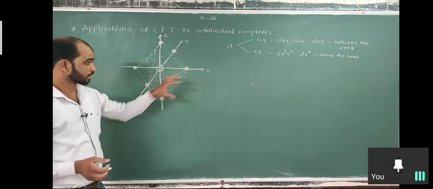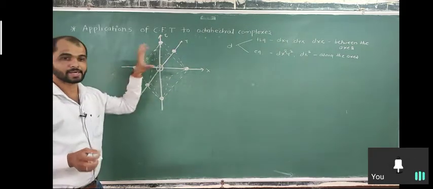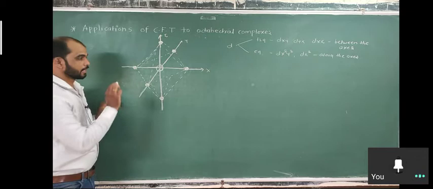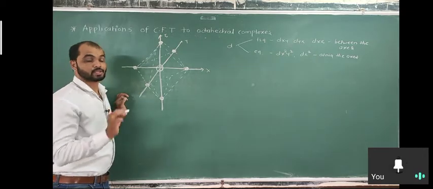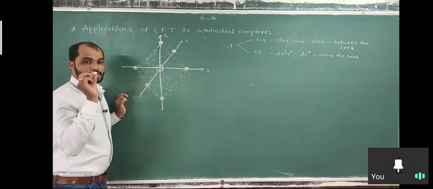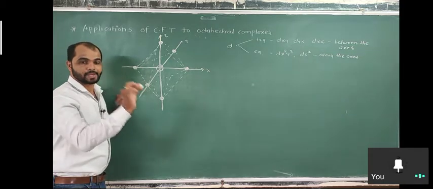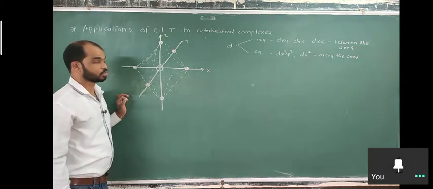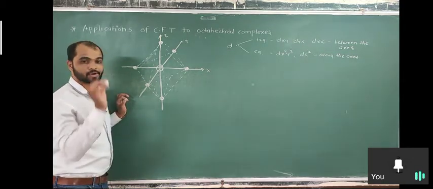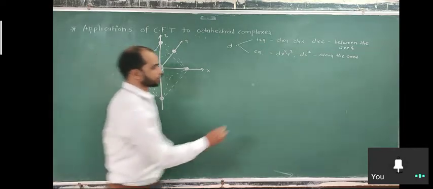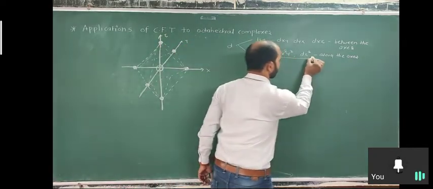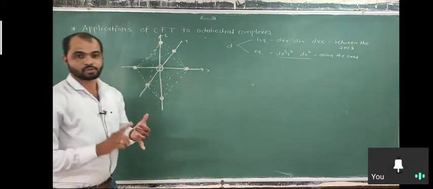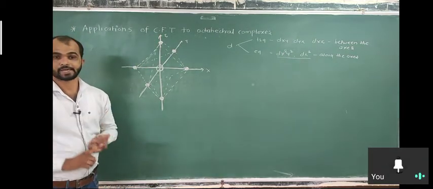So if ligands are pointing along the x, y, z axes, that means ligands interact with those orbitals which are oriented along the x, y and z axes. So which orbitals are oriented along these axes? These two orbitals.